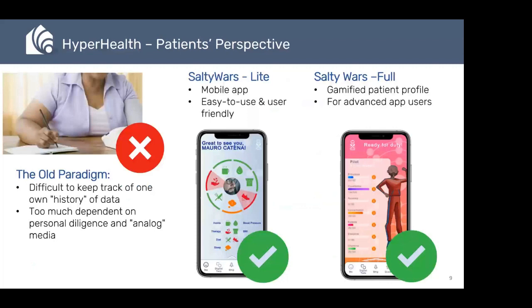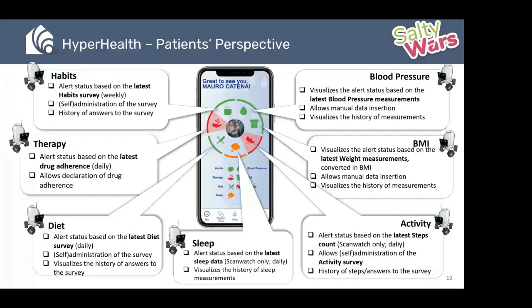And then there is the full version, which is fully gamified and provides advanced functionalities like augmented reality and geocaching games, quests, and so on. We will see it in a while.